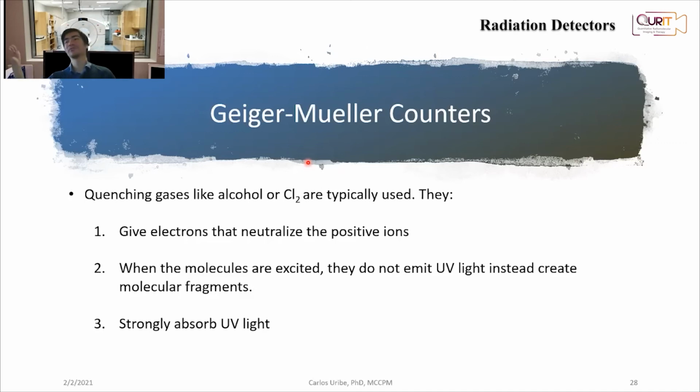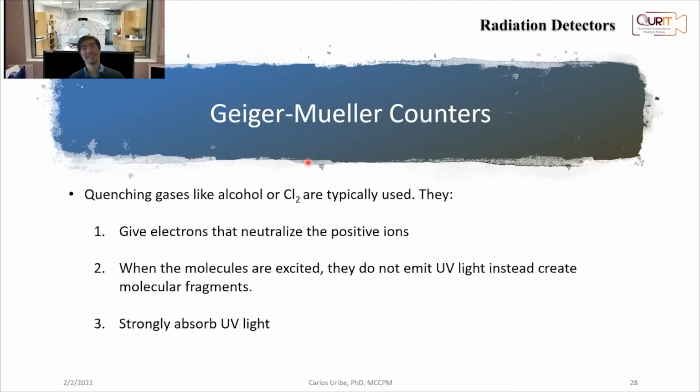The negative ions will move much faster towards the positive charge of the electrodes. The positive ions are heavier, so they move slowly. So in the process of moving these positive charges, these quenching gases will share some of their electrons, so that positive charge is going to be neutral again.